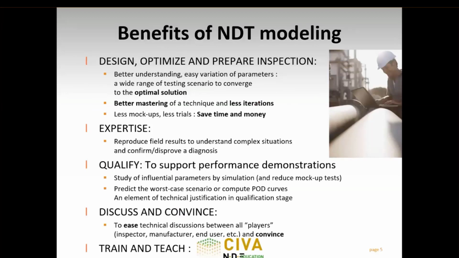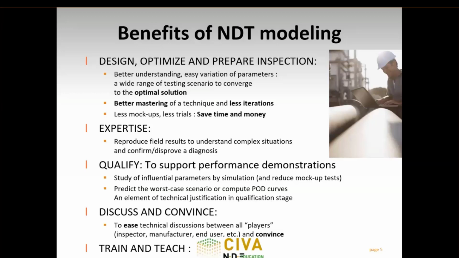Why use modeling in NDE or SHM? The main thing is to help design inspection processes or sensors and prepare the inspection setups, instead of doing everything with mockups, prototypes, trial and error, and iterations like this.